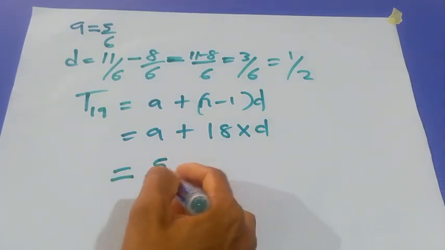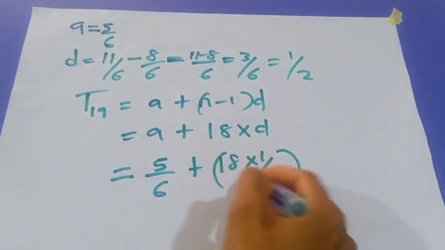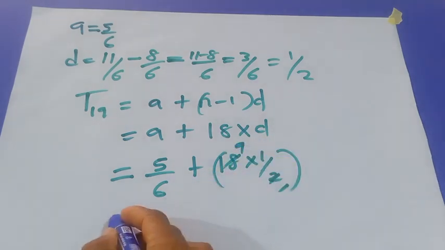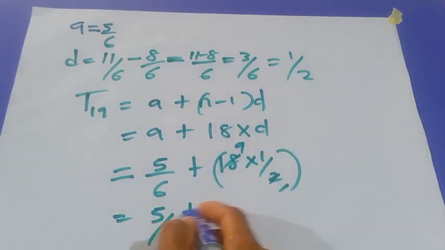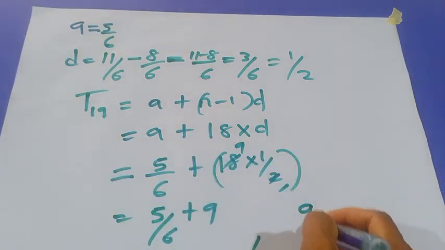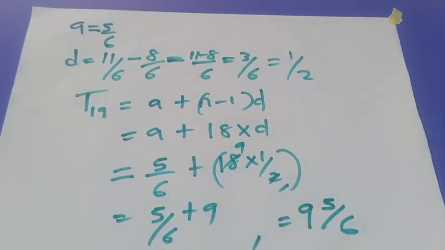Remember, our A is 5 over 6 plus 18 times 1 over 2. So we'll handle this part first. 2 here, 1, 2 here, 9. So that we'll have 5 over 6 plus 9, which will give us the final answer as 9 whole number 5 over 6. Please remember the formula. If you can remember the formula, every other thing will not be an issue.